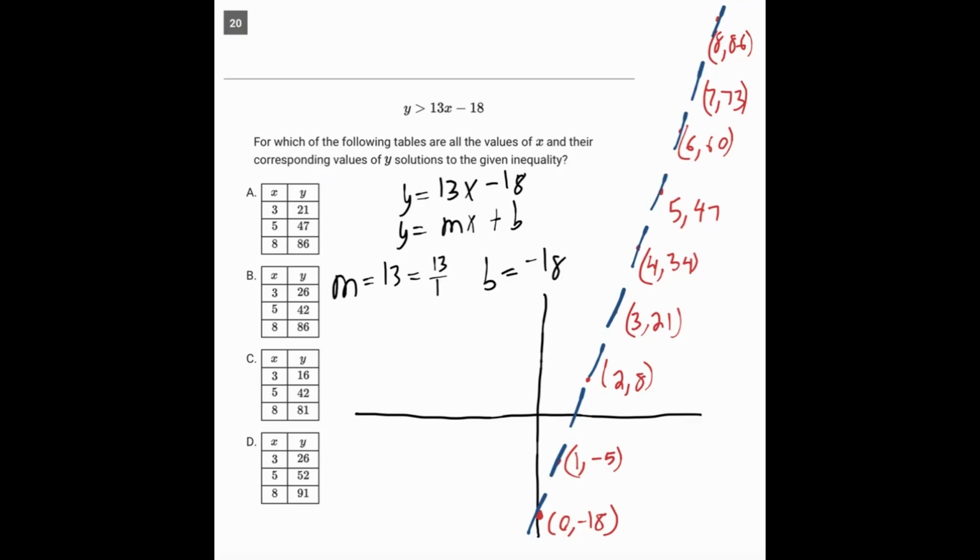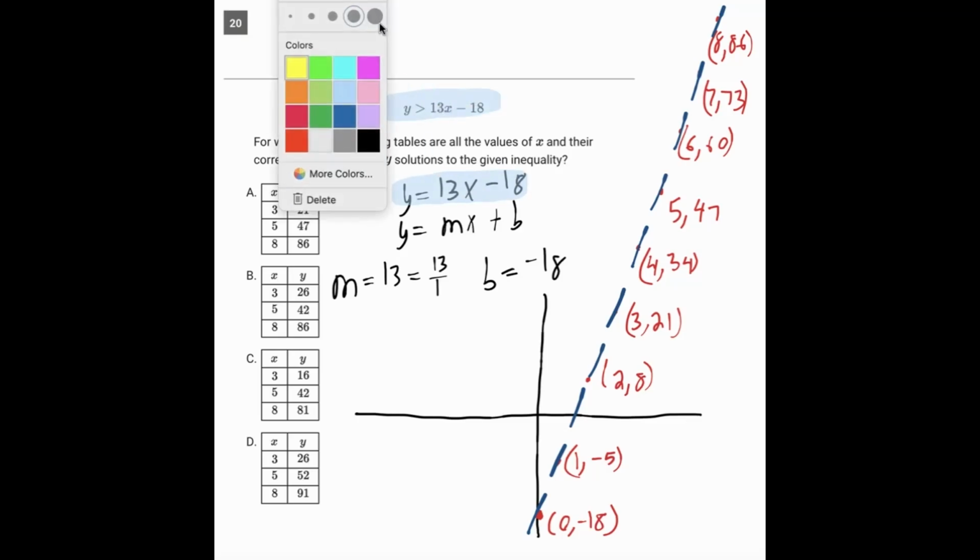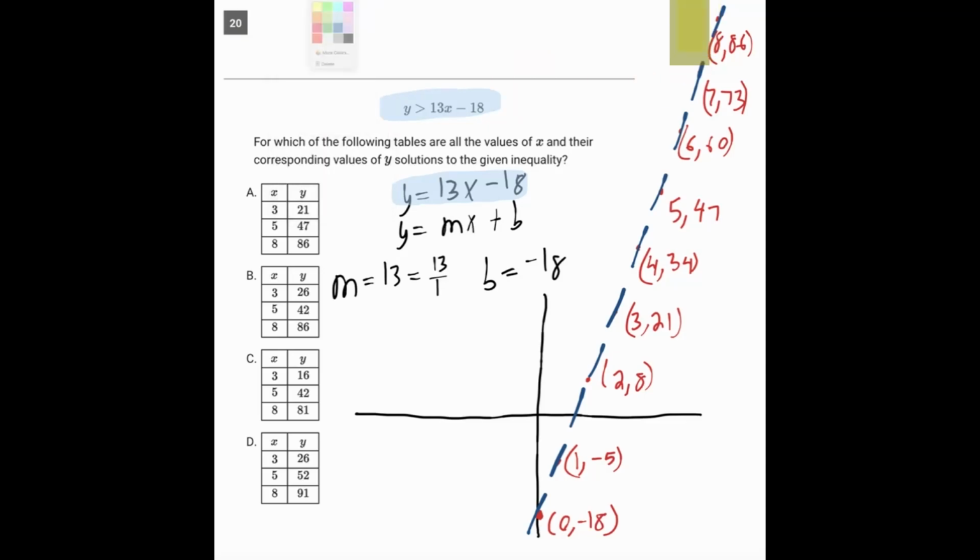Now, remember, we're not dealing with y equals 13x minus 18. It's y is greater than 13x minus 18. So we need to shade above right now. So let's shade above this line. And this yellow zone, that is our solution set.